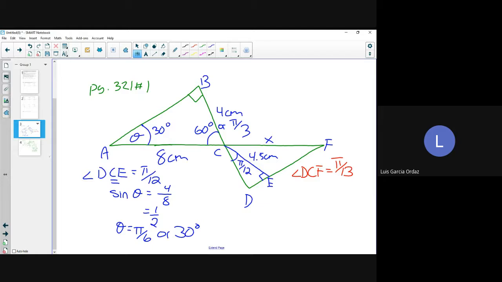So we know angle DCF is pi over 3, and we know angle DCE is equal to pi over 12. Now we need to figure out what angle ECF is. So how are we going to figure out what angle ECF is given angle DCE and DCF?